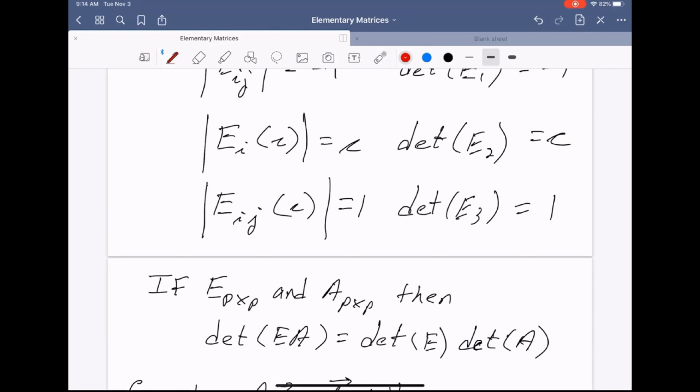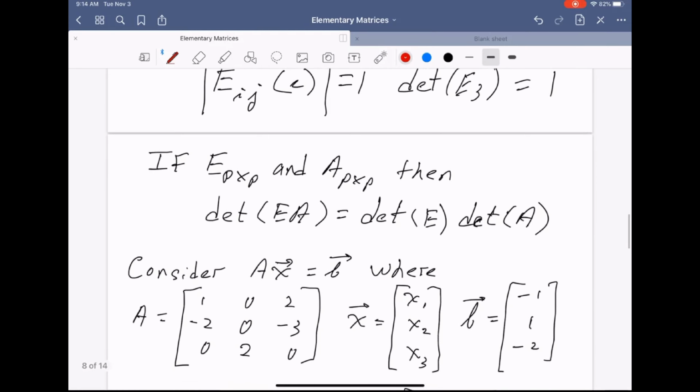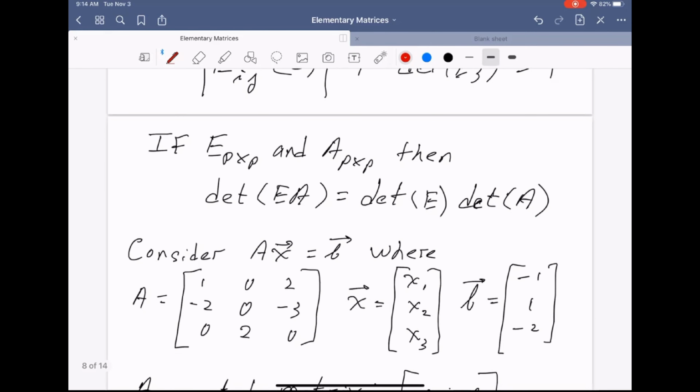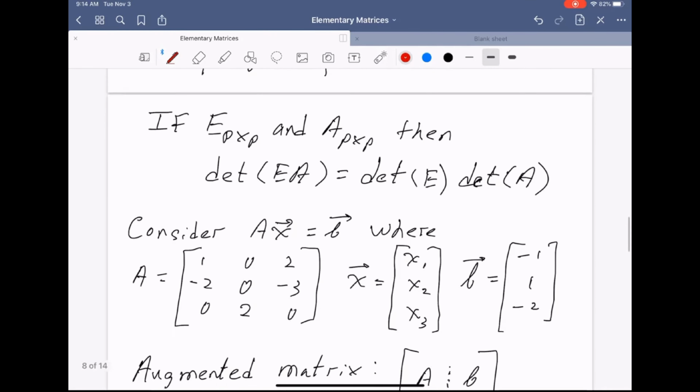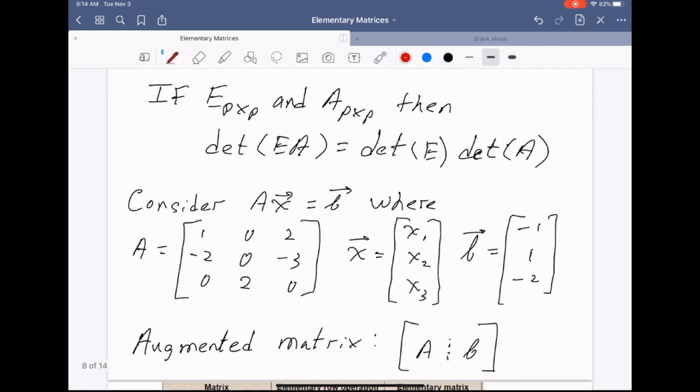So the new row is the old row plus C times another row, and the determinant in that case would be equal to 1. So if E is an elementary matrix and A is the matrix that we're interested in looking at, then the determinant of EA is equal to the determinant of E times the determinant of A, which is a standard property of determinants to begin with.